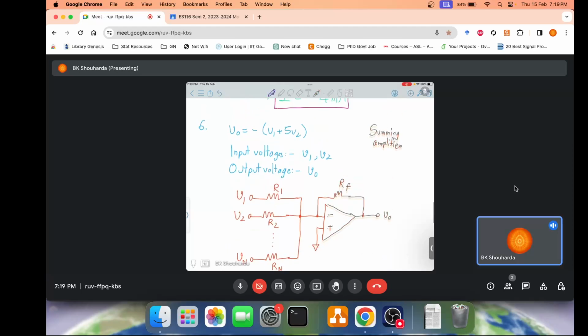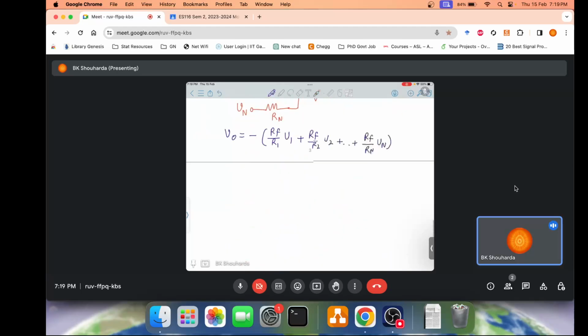Now how many sources are we being provided? We are being provided with two sources, V1 and V2. So first things first, we draw the bare bones skeleton diagram of the op-amp circuit, R1, R2, connect them, and here we go.